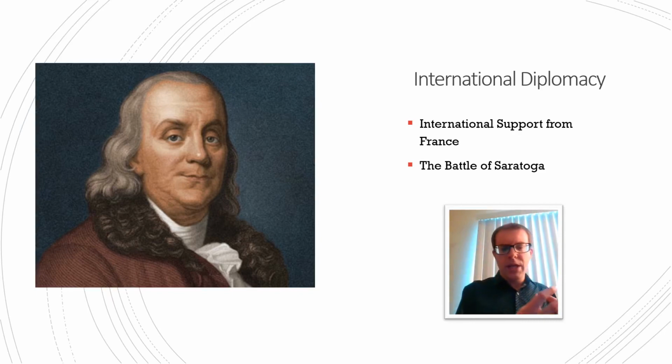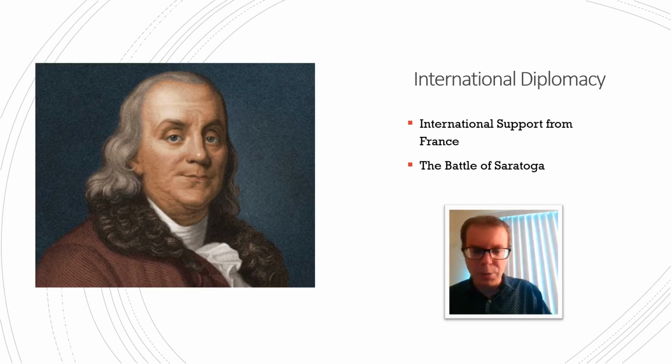So the Continental Army is able to actually fight against a British army sent from Quebec under a general named Burgoyne. And the British plans to capture George Washington's Continental Army go awry. And in upstate New York, around modern day Albany, the Continental Army not only wins a major victory against Burgoyne's forces, but actually captures the entire army.